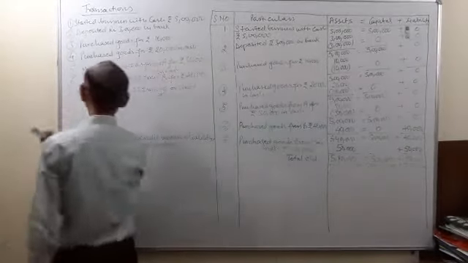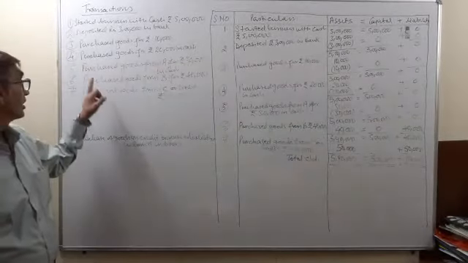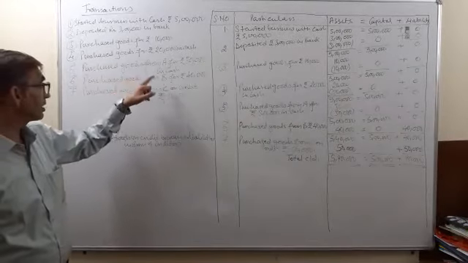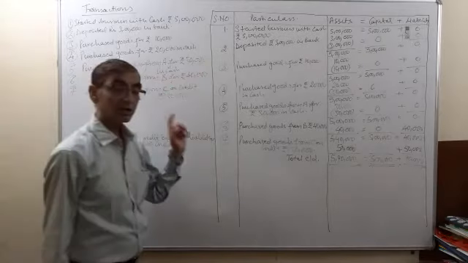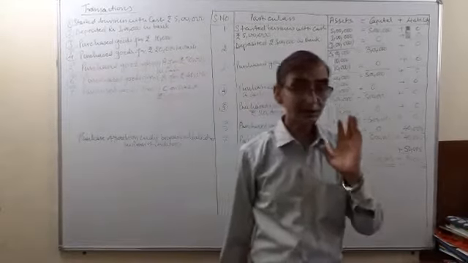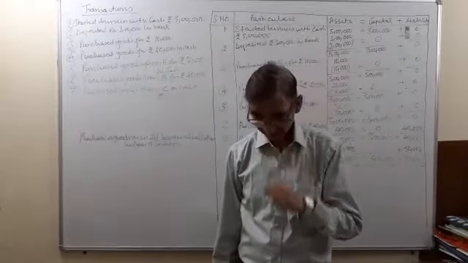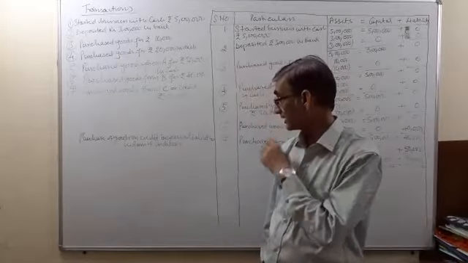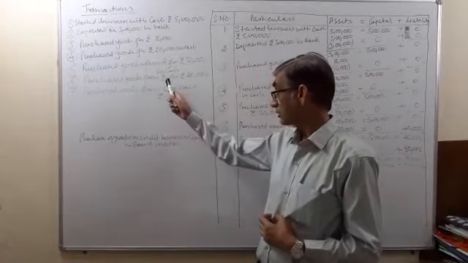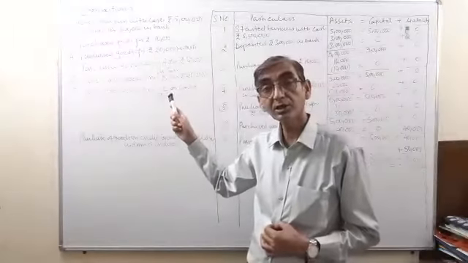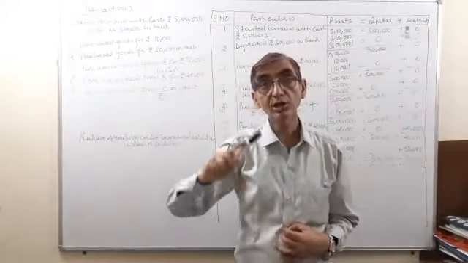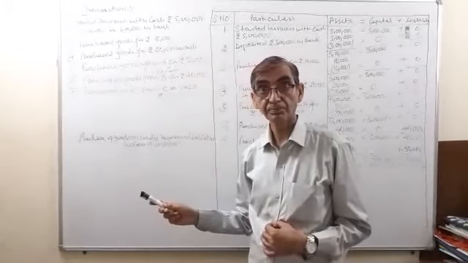Now the 6th transaction, purchase goods from B for rupees 40,000. Now here again the same problem arises. That is, it is not clearly mentioned whether this transaction is a cash transaction or a credit transaction.